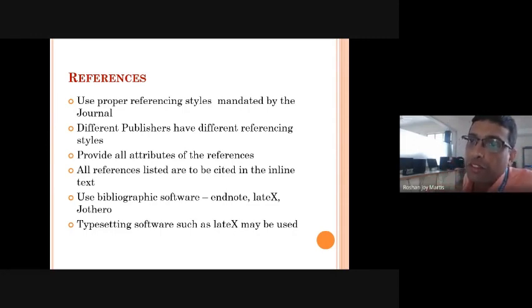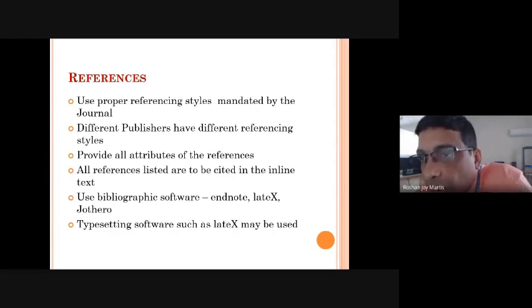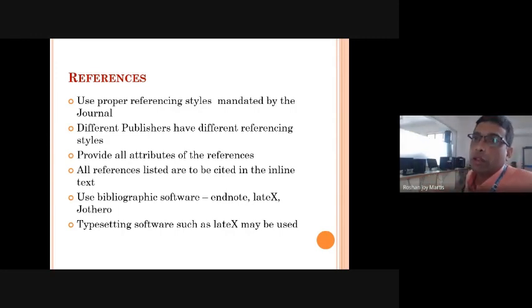All attributes, in the sense, a reference can be a journal article, a conference article, a book chapter, a book, or web content. If you are referring to a journal article, you list the author's name, followed by the title of the paper, then journal name, volume, issue, page numbers, and year. These many things should be there.